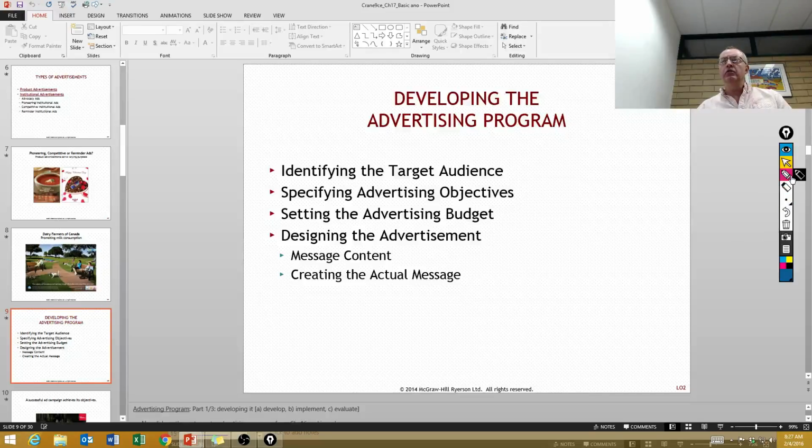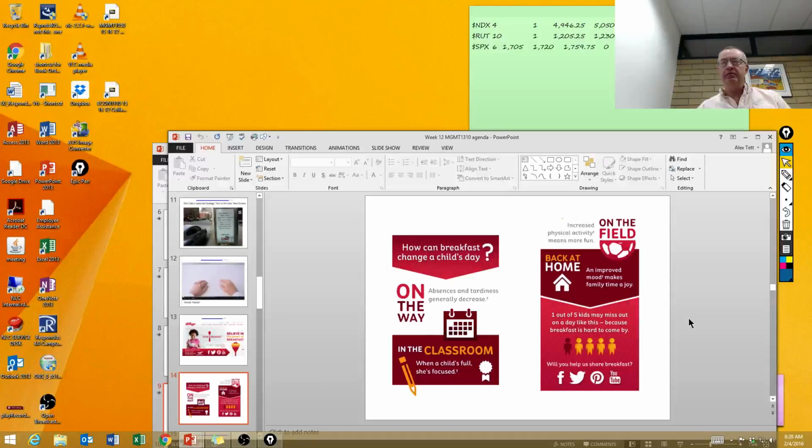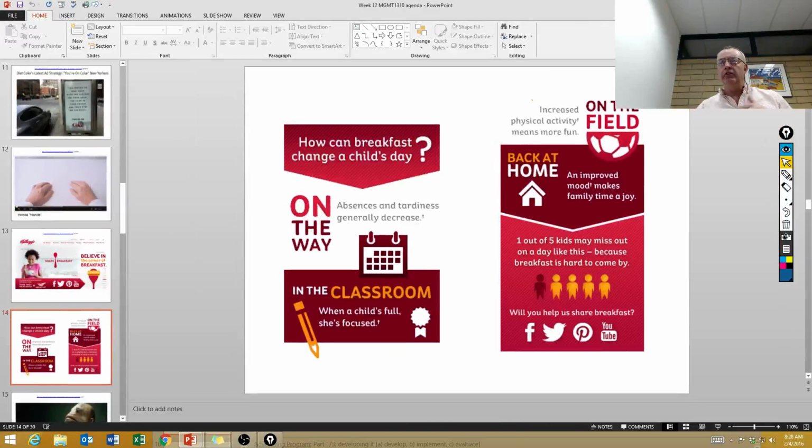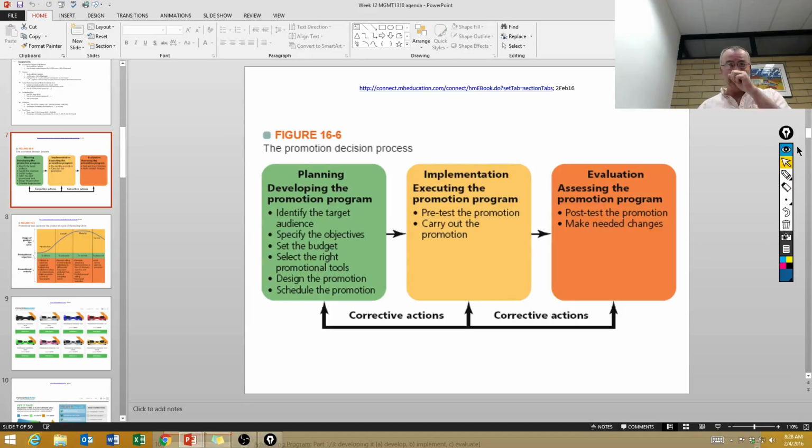Okay, so when we want to design our ad program, there's three steps that we want to go through. Firstly, we want to design the program, and then we want to implement it, and then we want to evaluate it to see how successful we were. Okay, so here's this three-step process, and again, it comes from chapter 16. I can't remember the page, but it's 440 something.